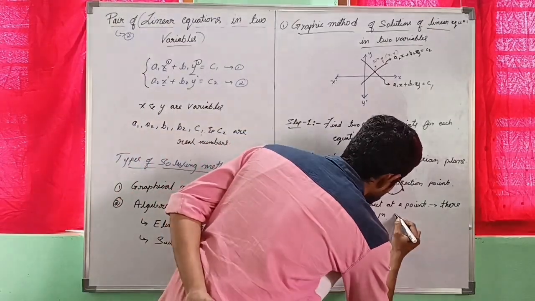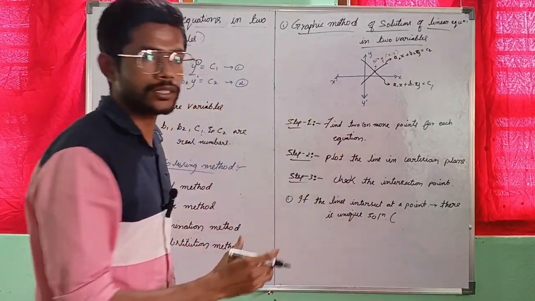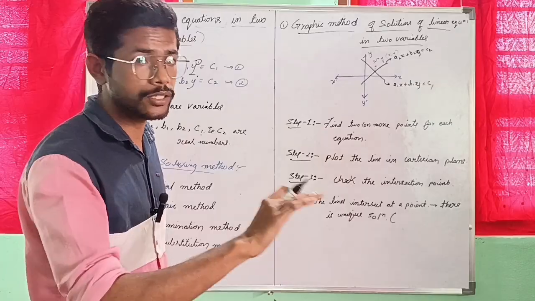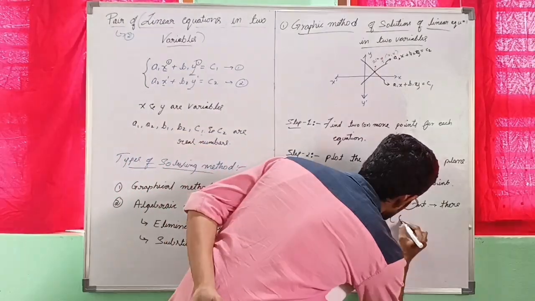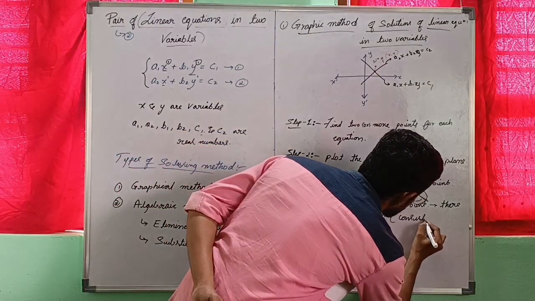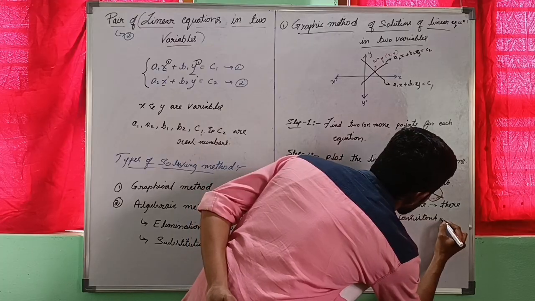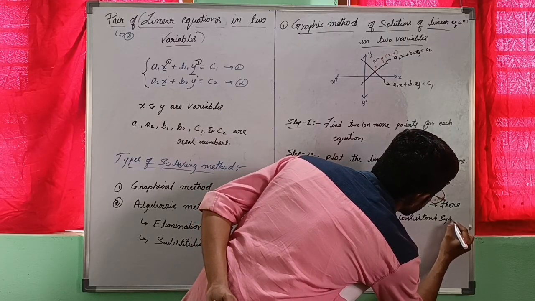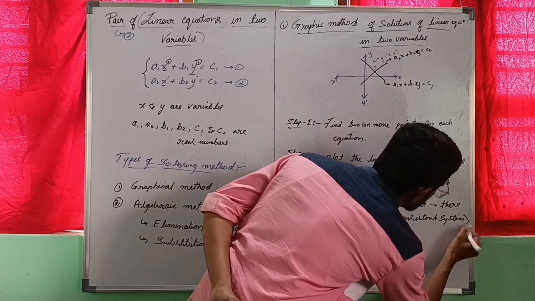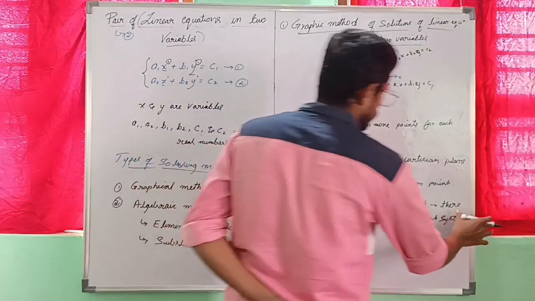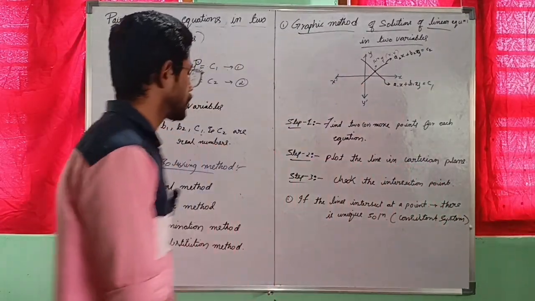Okay, when we get the unique solution, it is called a consistent system.